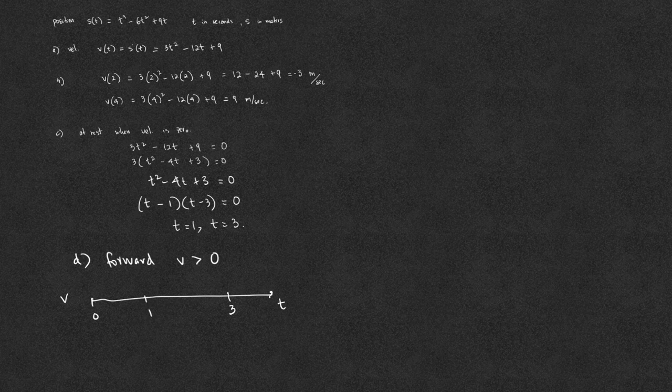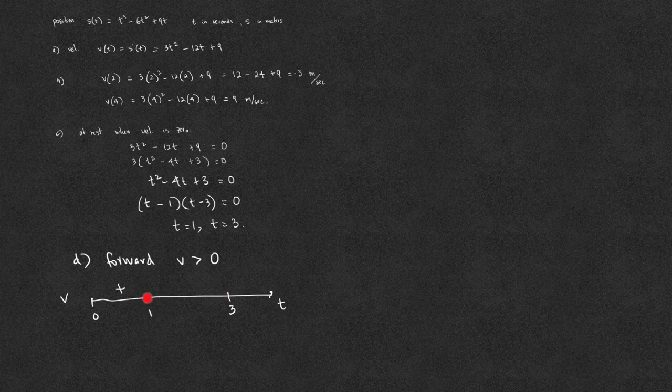To check the sign of any interval, we pick a number on that interval, any number. For example, between 0 and 1, we would pick 0.5. If we plug 0.5 into the velocity, we would get 0.5 minus 1, which is negative, and 0.5 minus 3, which is negative, and so a negative times a negative is a positive.